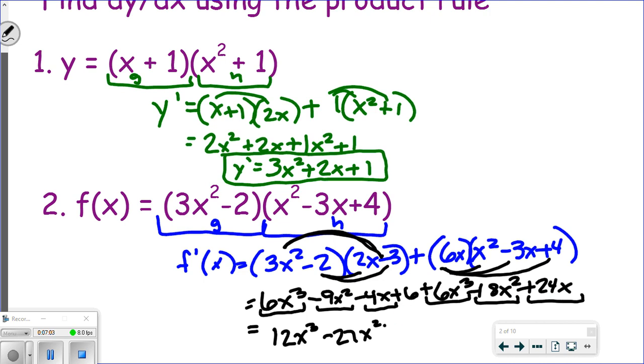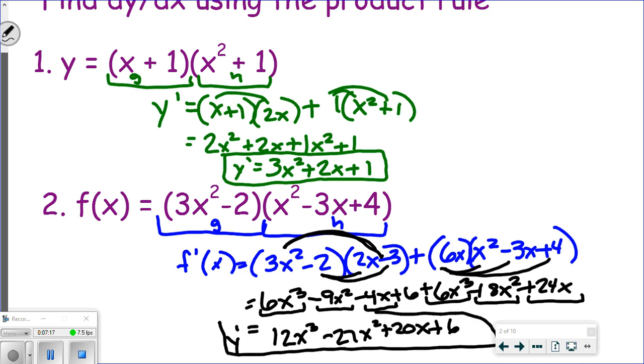So we know that's 20x plus 6. So we know the derivative equals 12x cubed minus 27x squared plus 20x plus 6. There's our lovely answer to that one. So hopefully you got those two right. If you got those two right, you have the product rule really well.